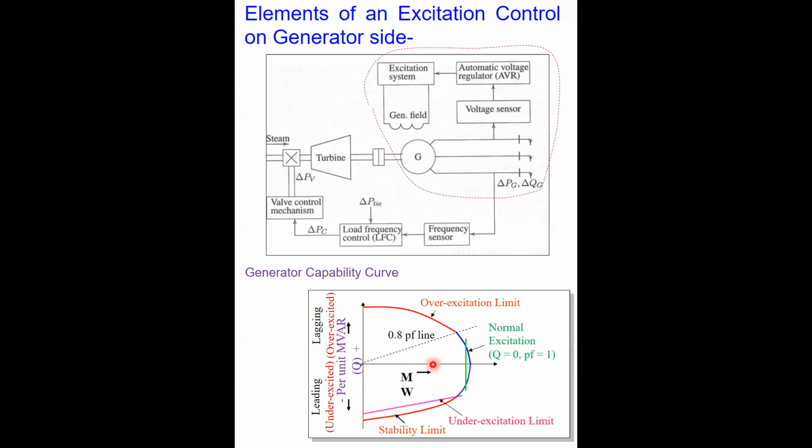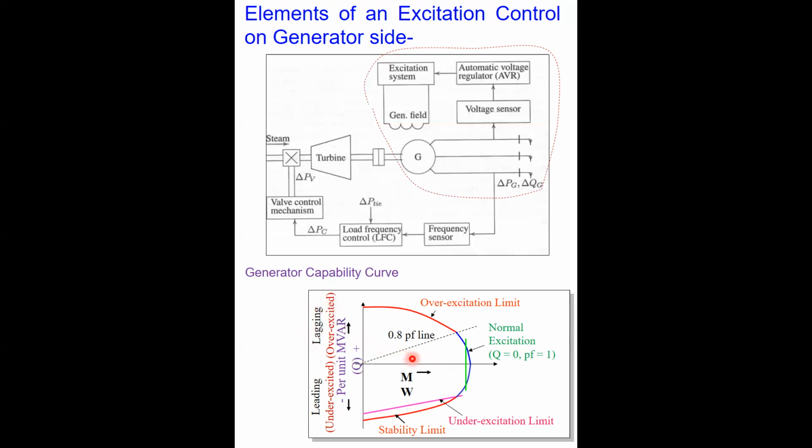Then again, there is a limit on the stator current flow in the generator. When the generator is loaded, the current flow in the stator winding includes an active component and a reactive component of the current, because the generator is connected to the load, and the load is inductive in nature.